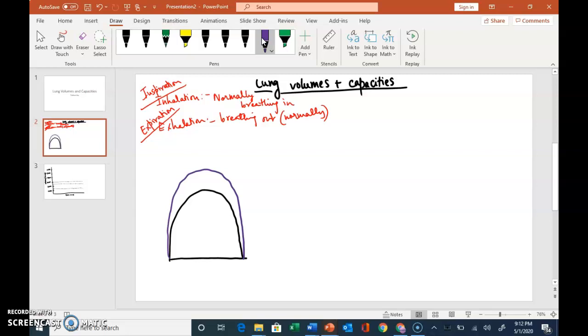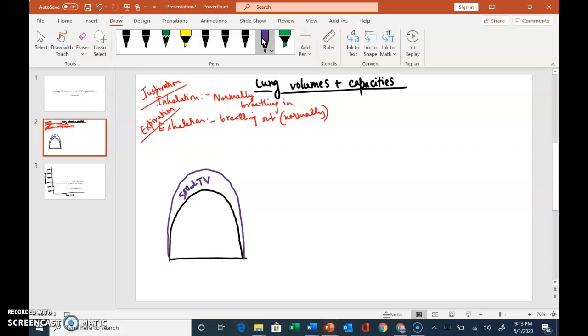Okay. So this volume of air that you take in during normal inhalation is called tidal volume. So this is tidal volume, and this is about 500 mils.